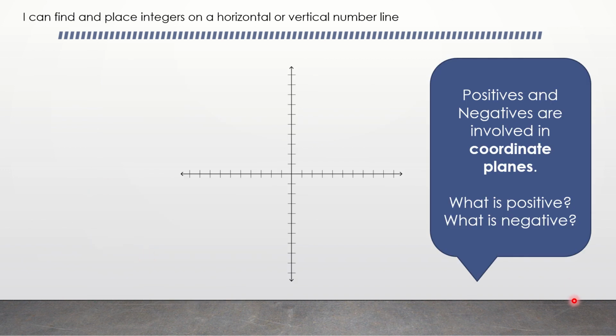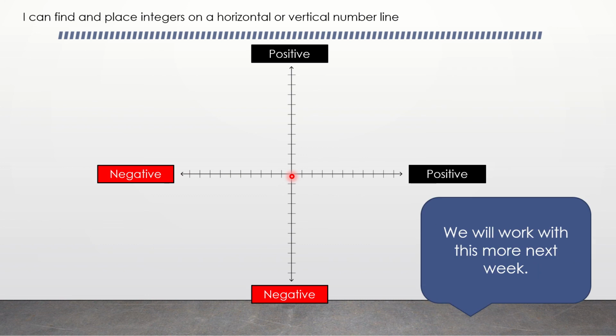So positive and negatives are also involved on coordinate planes. I'll give you a hint. There are 2 positive spaces and there are 2 negative spaces. It has to do with this part, this part, this part, and this part. Each of those is a different section of the lines that are intersecting. So pick what you think each one represents, positive or negative.